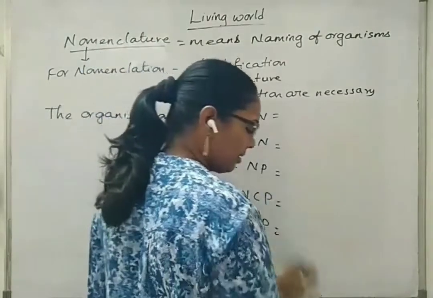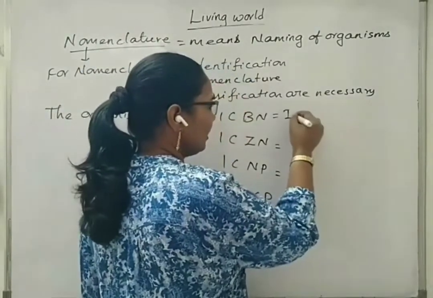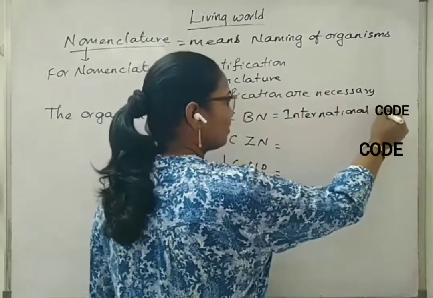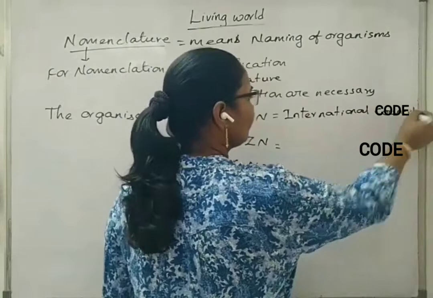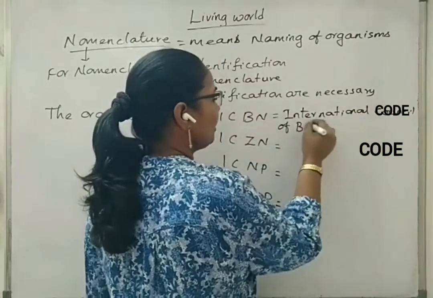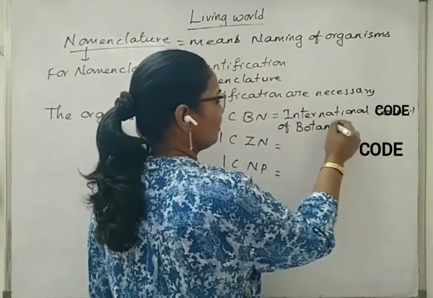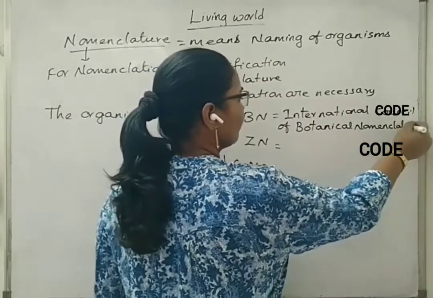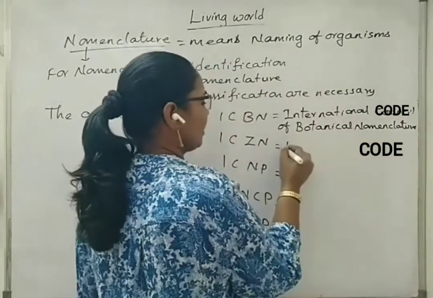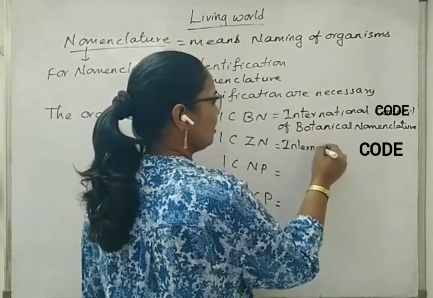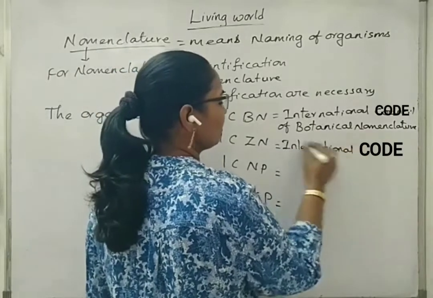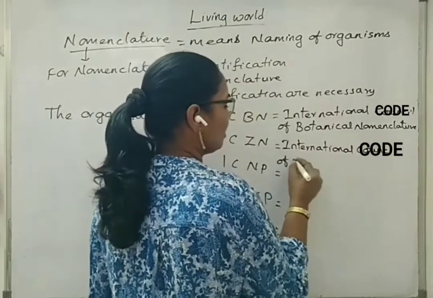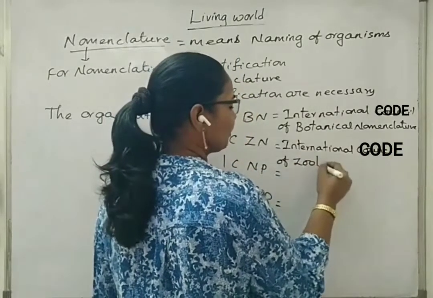ICBN is abbreviated as International Council of Botanical Nomenclature. Second one, ICZN, International Council of Zoological Nomenclature.